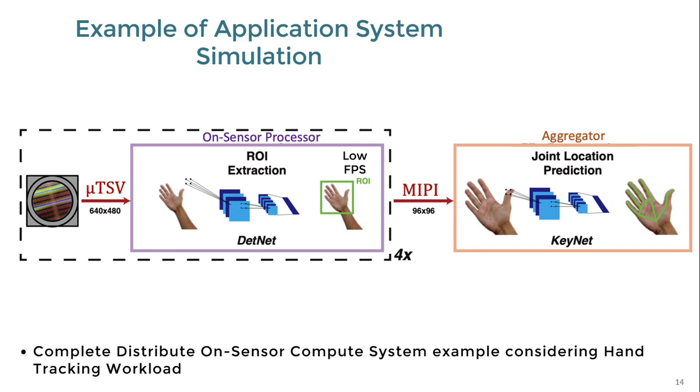These 4 regions of interest are sent through MIPI to the aggregator, which extracts the joint locations using KeyNet. The main takeaway here is that we can run DetNet at a lower frames per second in the on-sensor processor.